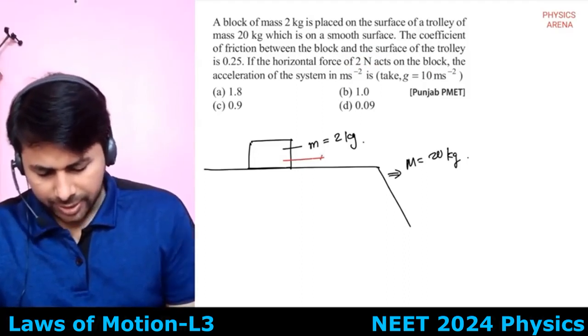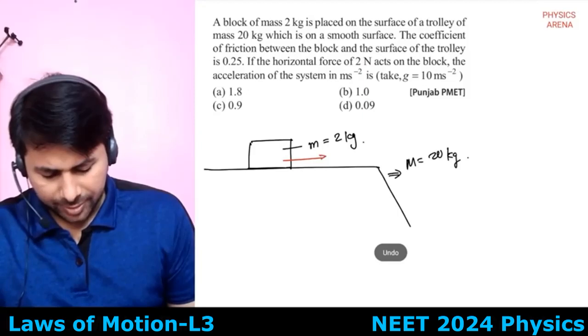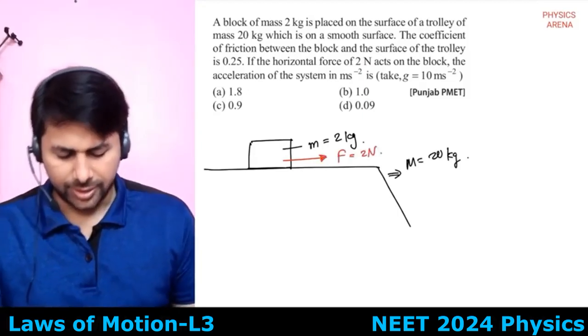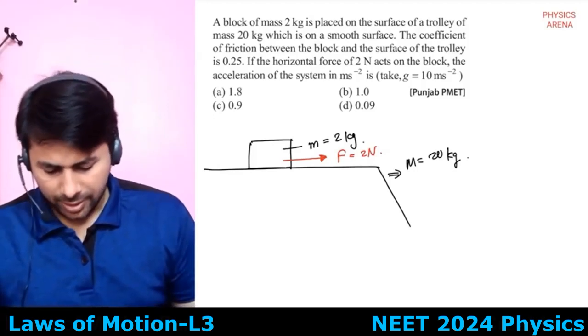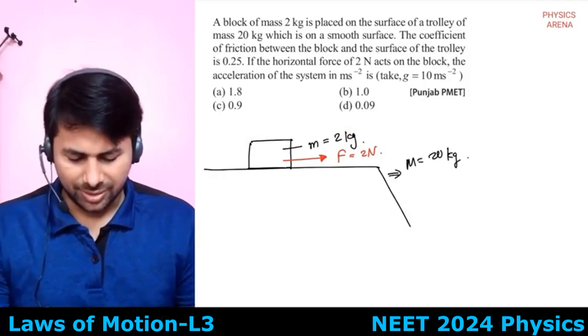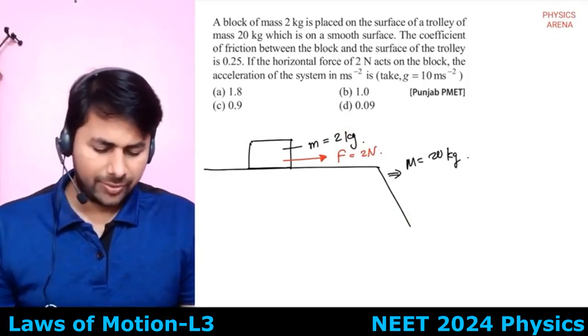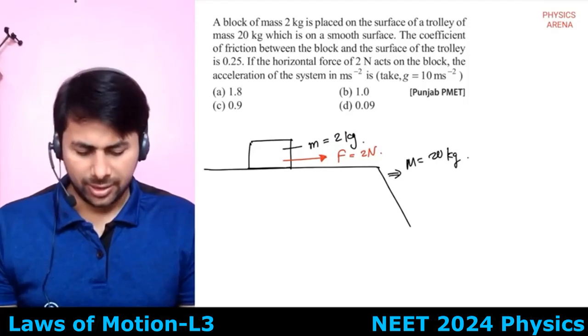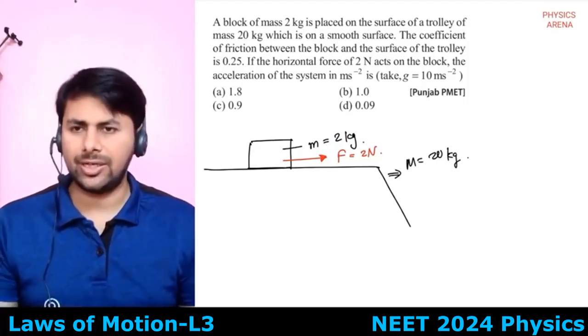Let's suppose some horizontal force acts here on this block. It is 2 Newton, right? So the system is accelerating, this is given. If it was not given that the system is accelerating, then we would have to check. How can we check?